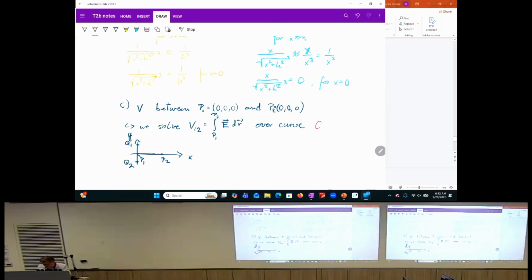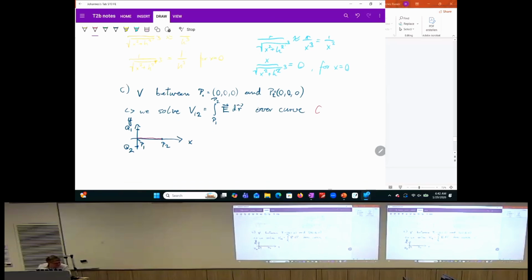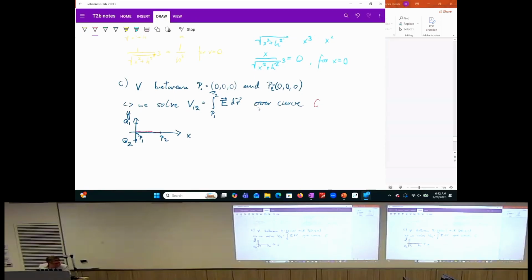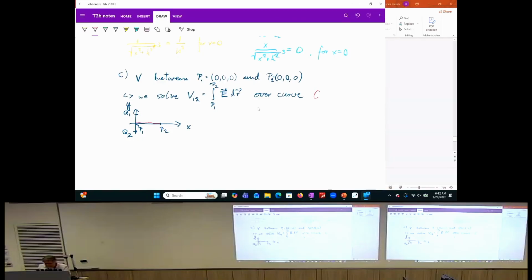So that's already very agreeable that this is along the x direction. That will be nice for us with respect to parameterization of the curve.